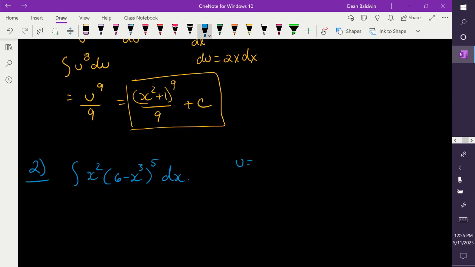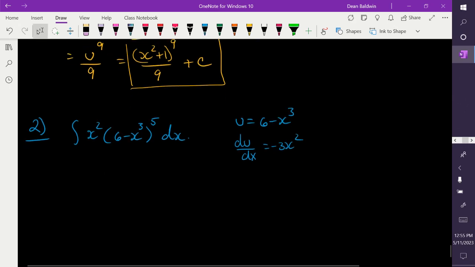So u is equal to 6 minus x cubed. Okay. What do we do? Take the derivative. Now what? Multiply the dx up.